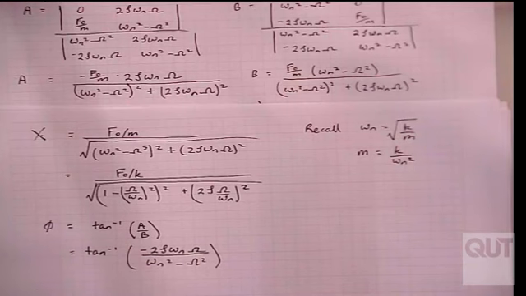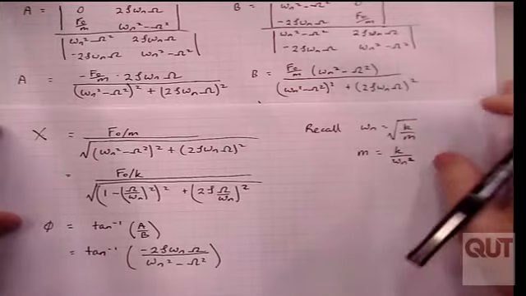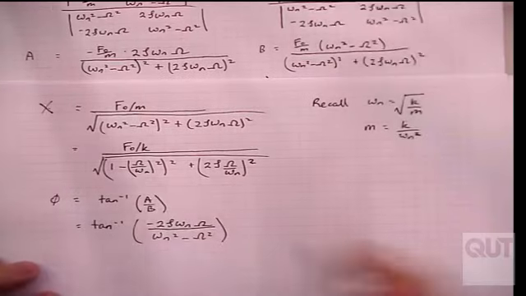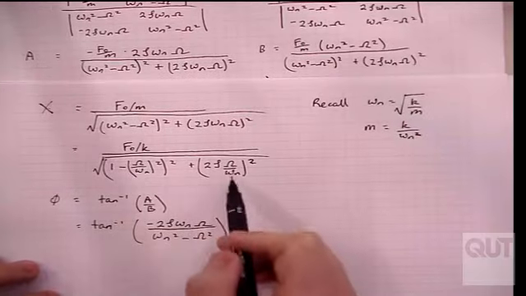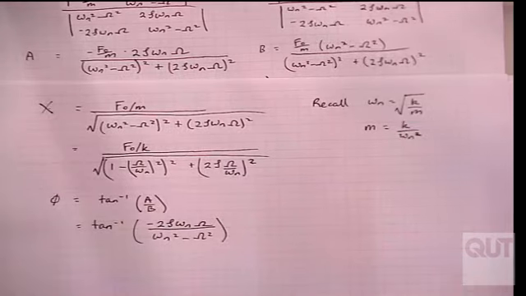And then once again in textbooks, in your main lecture, they'll prefer to have this ratio in the final equation, the forcing frequency divided by the natural frequency.